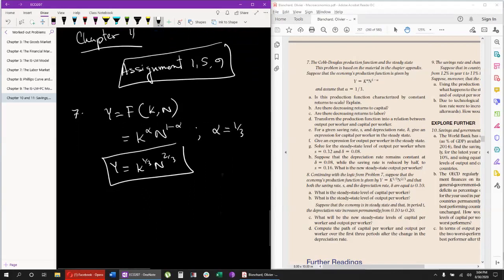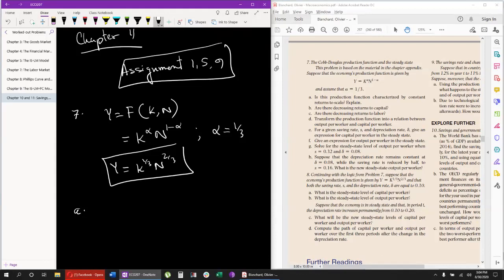Okay. So part A, question is this production function characterized by constant return to scale? Okay. How do we do that? Constant returns to scale means that if we increase all the inputs x times, the output will also increase x times. So let's see what happens.